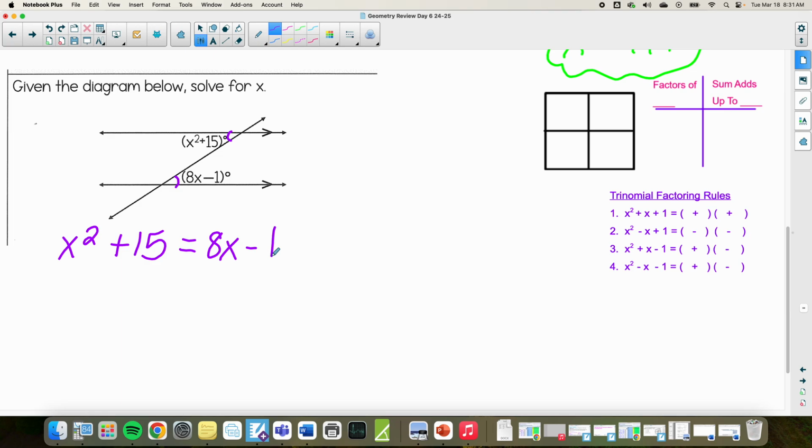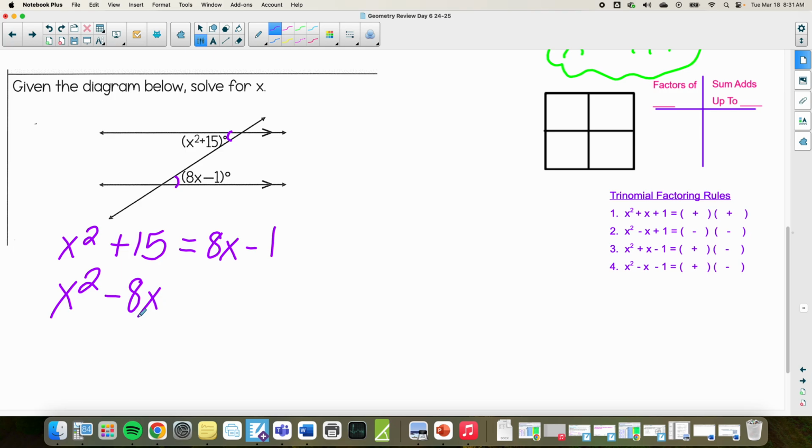Okay? Now, how you know that you have to factor is anytime you have an x squared, an x, and some number. Okay? And when you try to factor that, you have to bring everything to the left side. So I have my x squared here. When I bring that 8x over to the other side, does it make sense that you would change the sign of it to negative 8x?